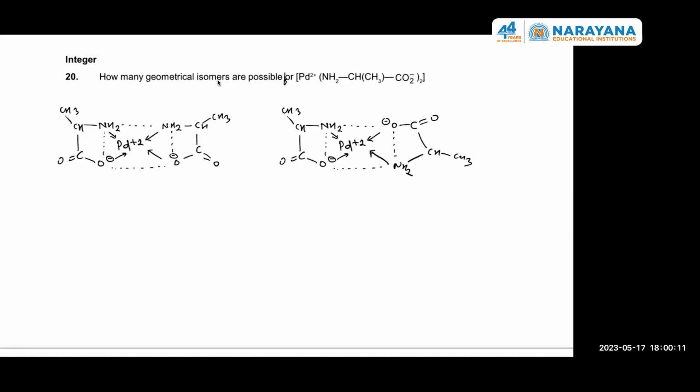Okay, so these are the two cases in a general manner, but because we have stereo centers here also, they can also form geometrical isomers with each other, because the geometry is itself planar till this portion.